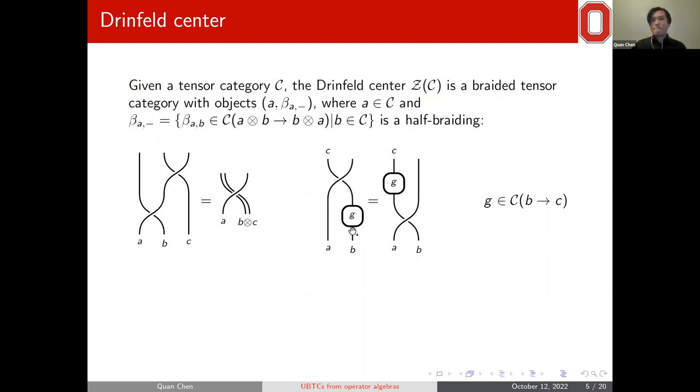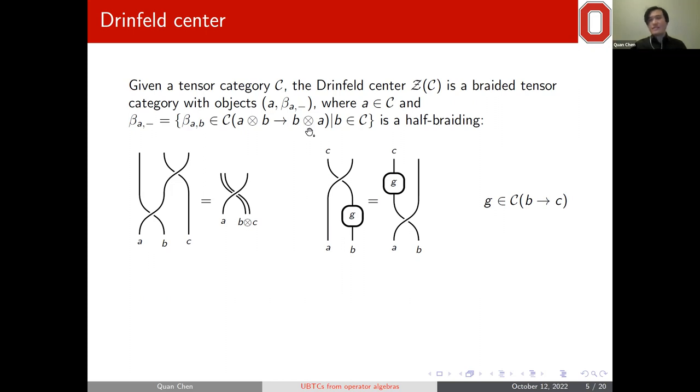All right, and this is a tensor category. There are many reasons to study the Drinfeld center. Maybe one of the reasons is you want to imitate the center of an algebra.